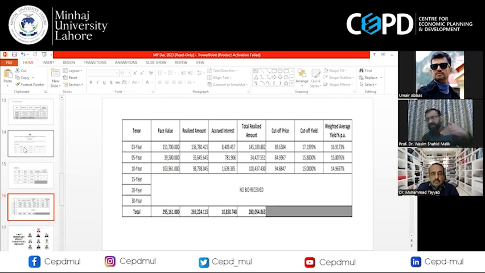So again, this is showing an inverted yield curve. Why? Because there is an expectation that in the long run, the central bank will not maintain its policy rate at 22%. Actually, long-term expectations are showing that the central bank will adjust its policy rate towards 15% as far as this slide is concerned.